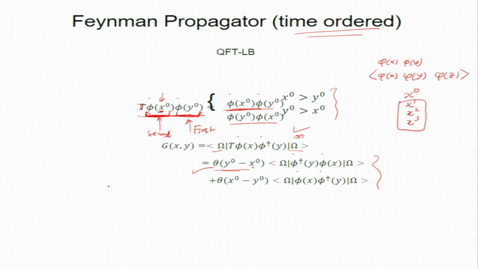So, when y0 is greater than x0, we get 1, otherwise we get 0. So, this is the first part and this is the second part. Here x0 greater than y0 gives 1 and we get that. Okay. So, this is how we compute the Green's function, and this is the time ordered propagator, the time ordered product.